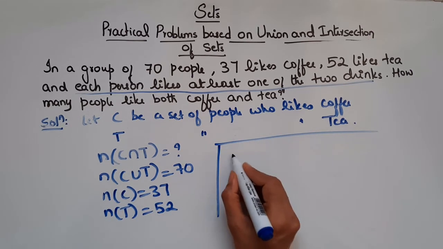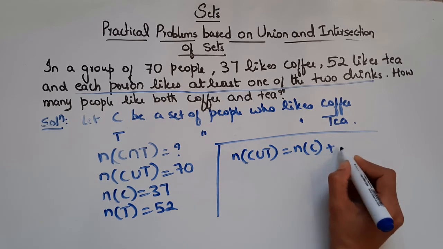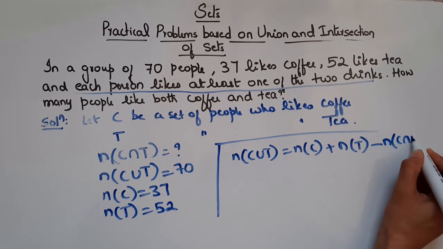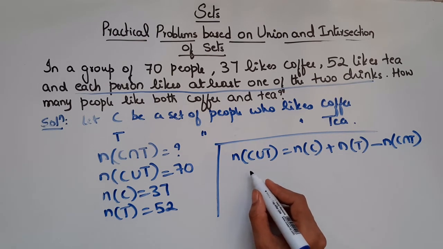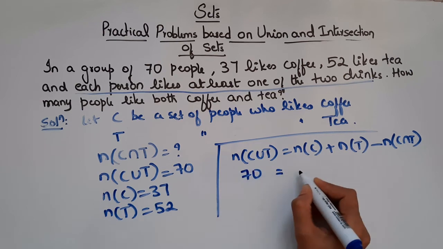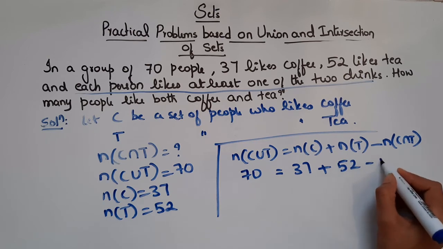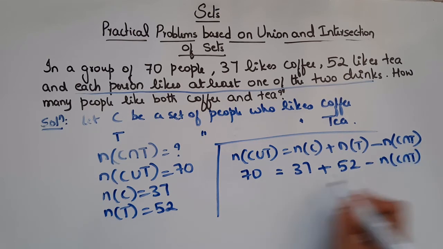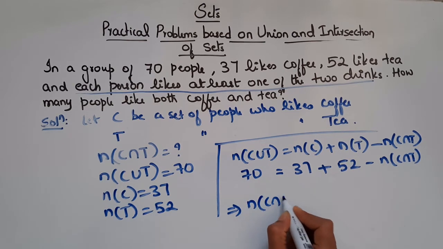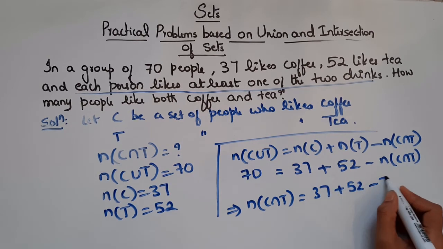So simply put the formula. We know the formula. n of C union T is equal to n of C plus n of T minus n of C intersection T. So here we know C union T, that is 70, which is equal to n of C, 37, plus n of T, 52, minus n of C intersection T. So when we bring this to the other side, n of C intersection T is equal to 37 plus 52 minus 70.